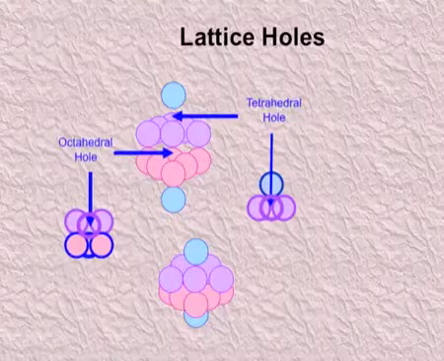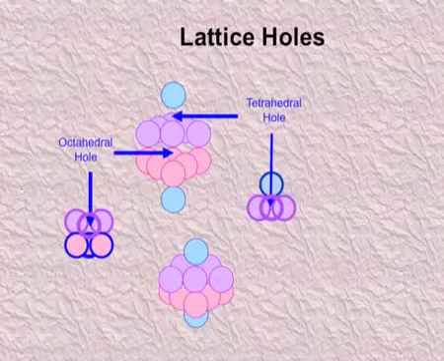Octahedral void is larger than the tetrahedral void, and the number of the octahedral voids is equal to the number of the spheres doing packing, whereas the number of the tetrahedral voids is double the number of the atoms undergoing packing. You can see the tetrahedral hole and the octahedral hole.